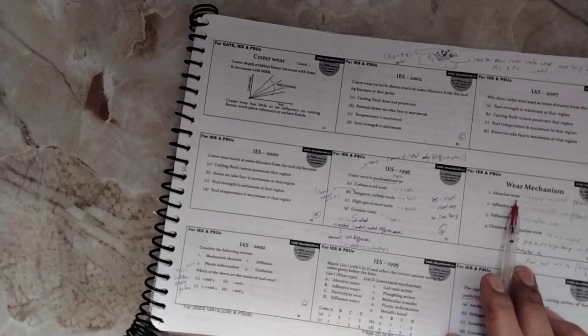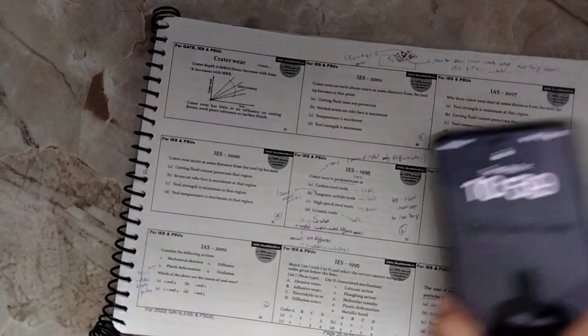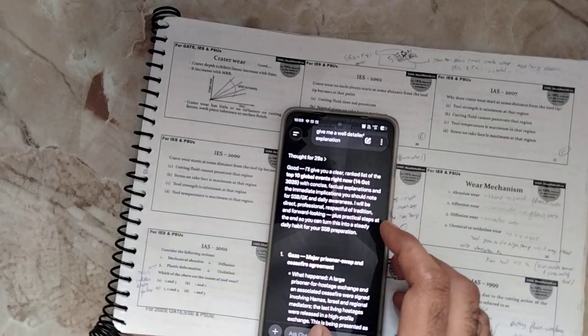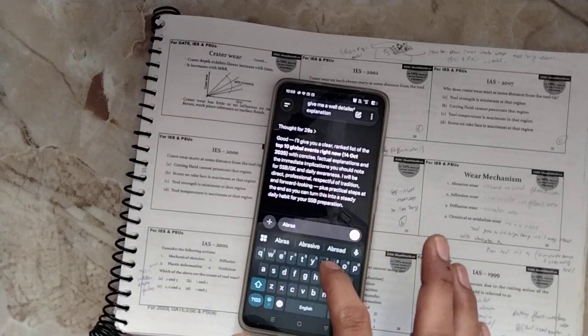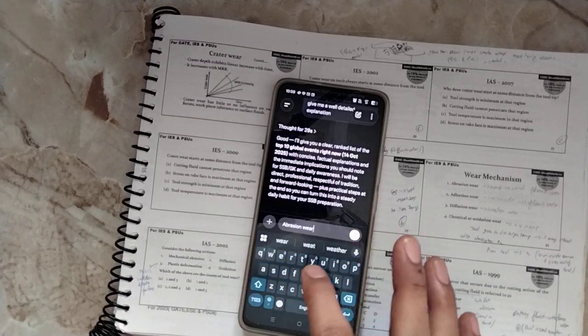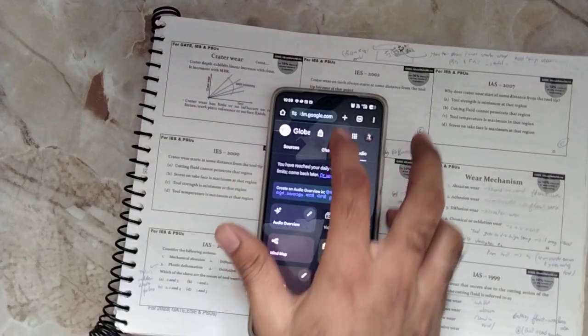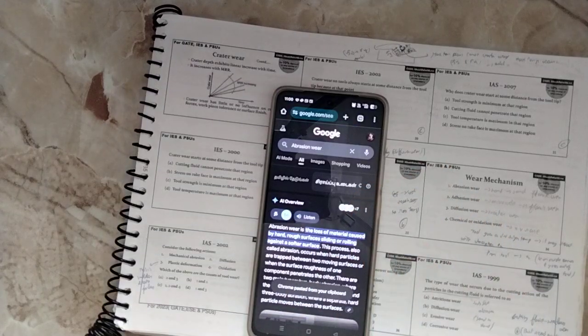Next, you can see the wear mechanisms. First, abrasion wear. It is the loss of material caused by a hard and rough surface sliding and rolling against a softer surface.